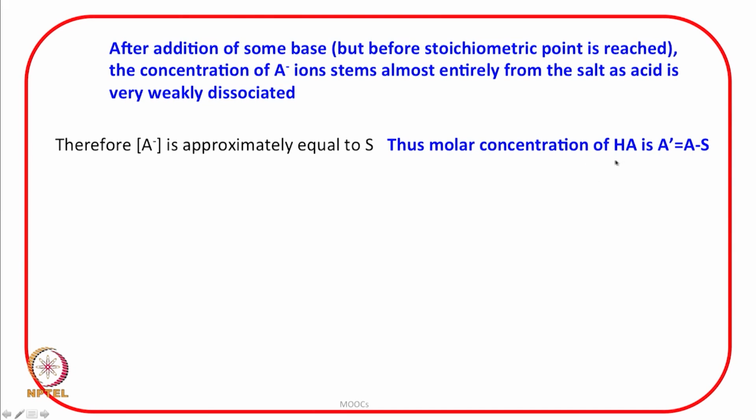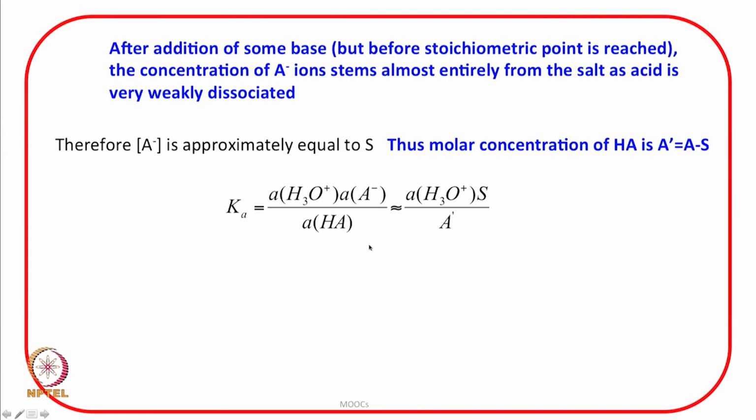Instead of A, I will now use the molar concentration of acid HA as A prime, and you write the acidity constant as usual, and instead of the A minus activity I will use S. I am approximating A minus as S, and instead of HA I will write A prime.